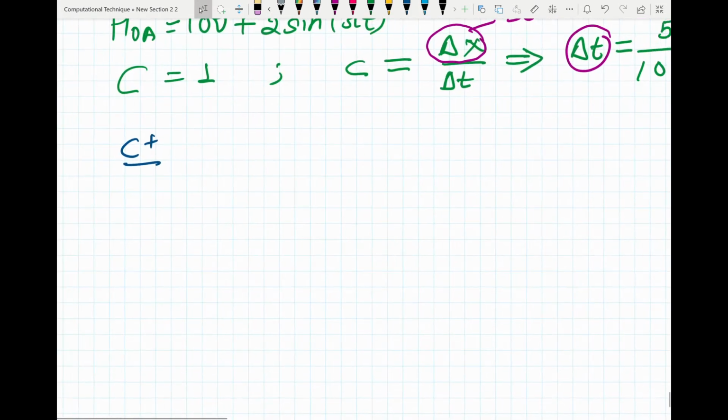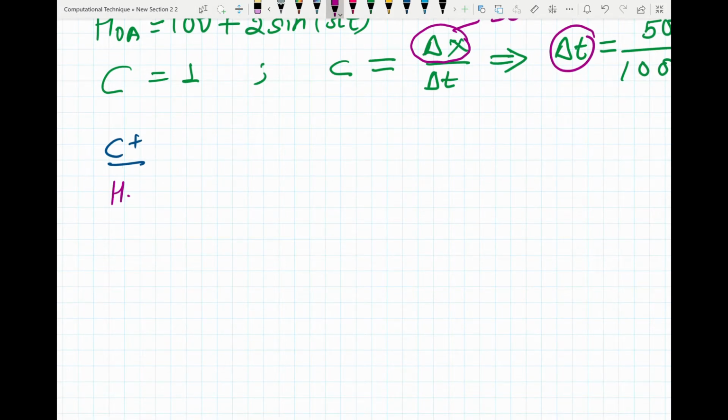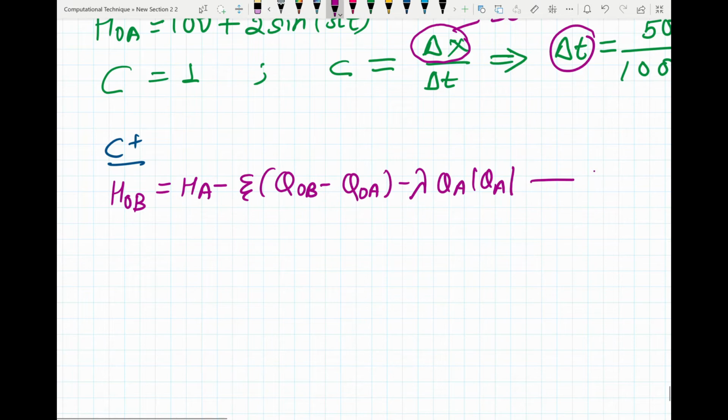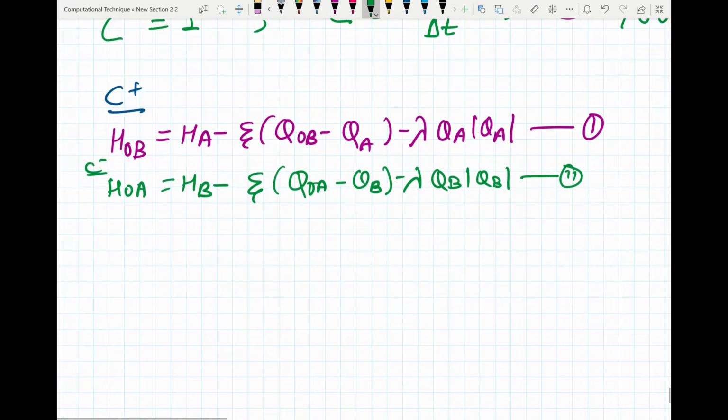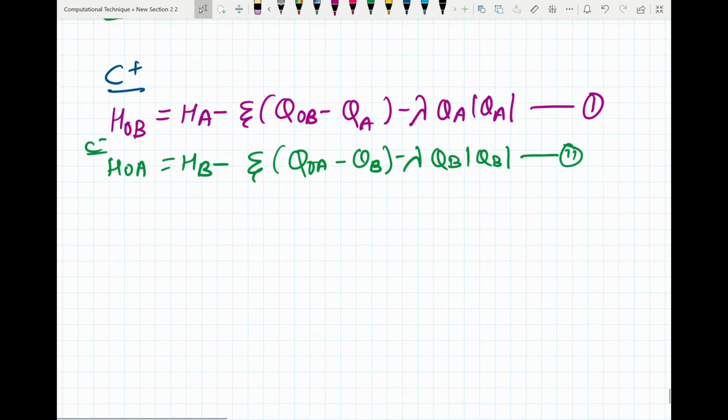So you can write HOB, which you have to find out, will be equal to HA minus, which is equation 1, and HOA, and for C minus, HOA equals to HB, where Xi equals to C by GA.